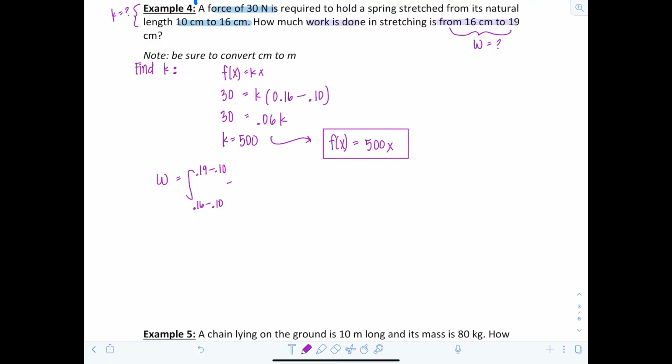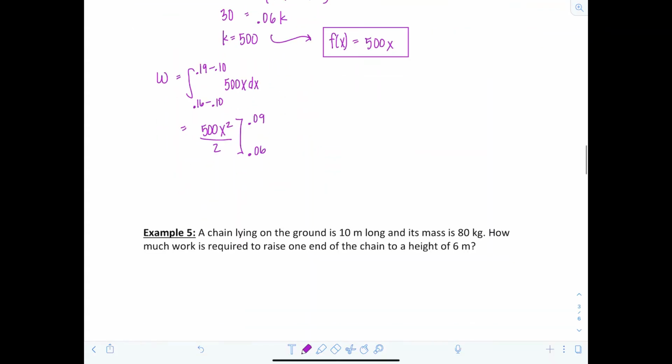My force function is 500x dx. Okay, and then this integral is not too crazy, so we're going to have 500 x squared over 2 evaluated from 0.06 to 0.09, which is going to give us 250 times 0.09 squared minus 0.06 squared, which is 250 times 0.0081 minus 0.0036.